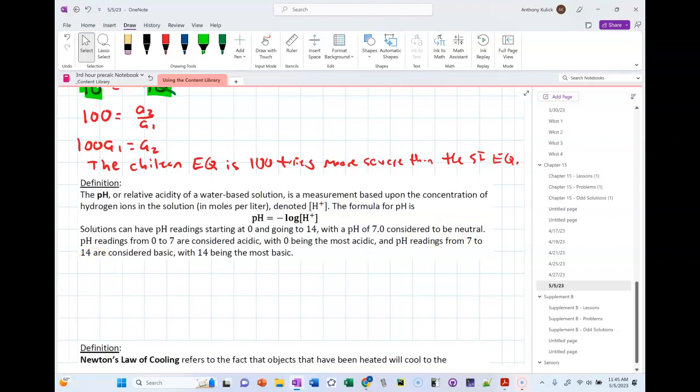But what pH is, is the concentration of H plus ions in a compound, right? So remember an acid like HCl, when you drop it into water, dissociates into H plus ions and Cl minus ions. It's the H plus ions that we're measuring acidity with.